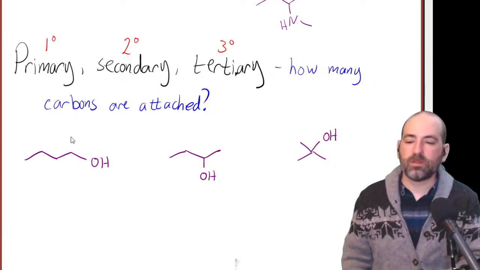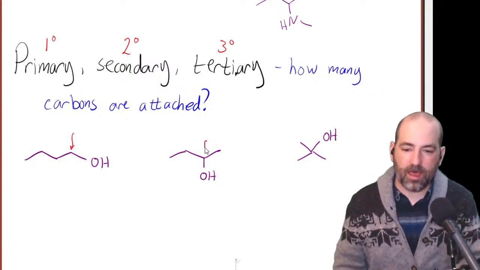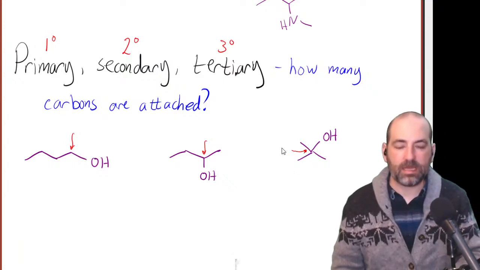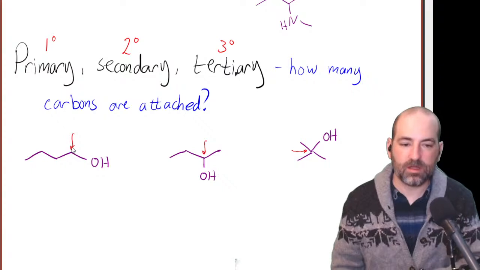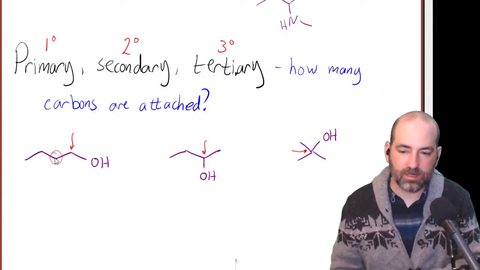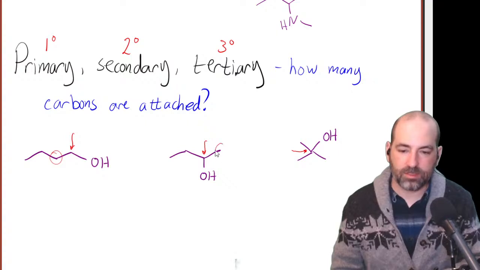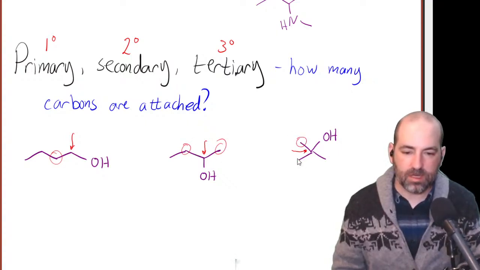All right, and so we're going to be looking at the carbon that that functional group is connected to, right there. So if we look at the carbon that the functional group is connected to, we want to ask how many other carbons is that one connected to? So we can see here this carbon that has the OH coming off of it has 1 other carbon connected to it. This one has 2 carbons connected to it. And then this one has 3 carbons connected to it.